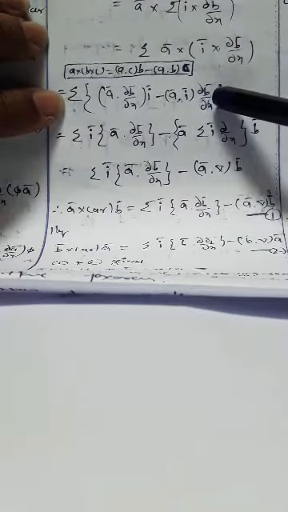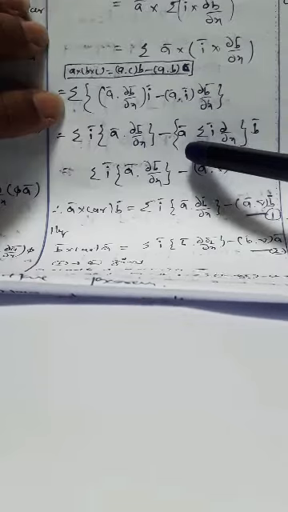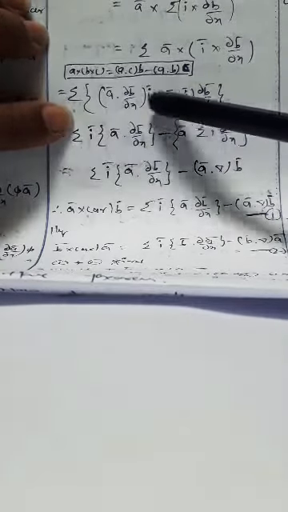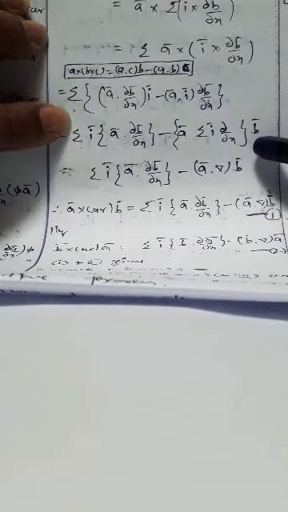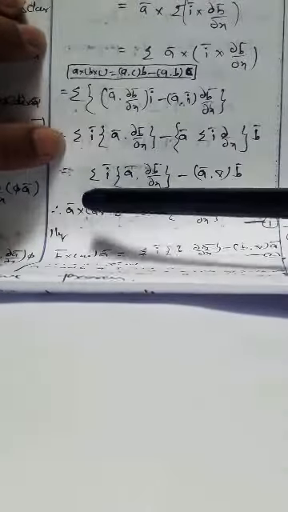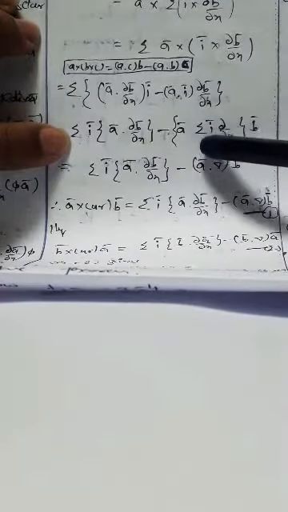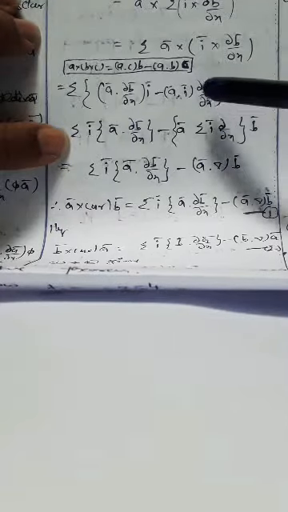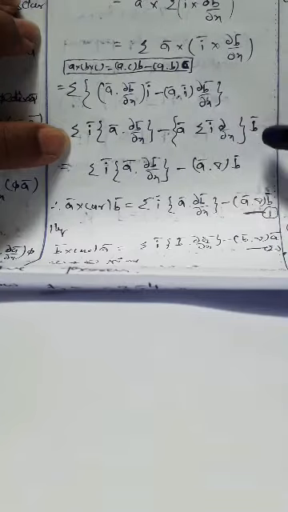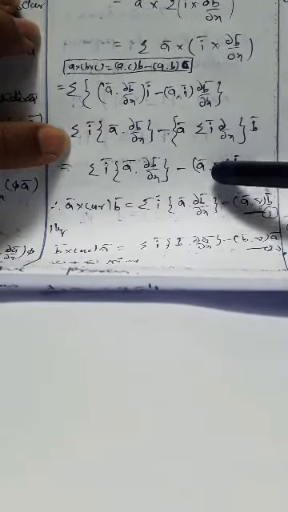See here, this B we write outside: summation i A dot dou B by dou x minus, now this is in the form of A dot del of B. To write this as A dot del of B, we just took B outside of this part.